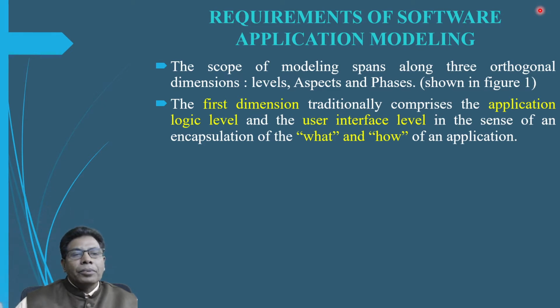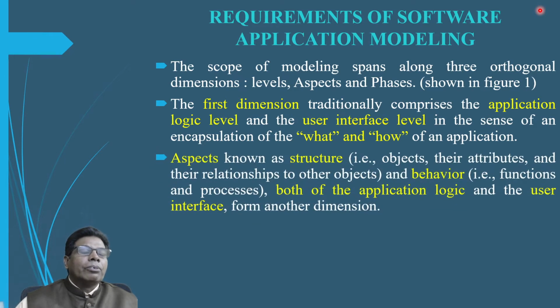So the application logic level and the user interface level, they define what and how the application is going to work. So this first dimension, that is nothing but the levels. It will have these 2 things: logic level and user interface level.